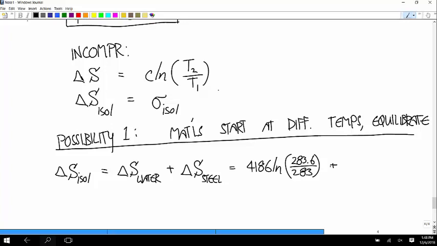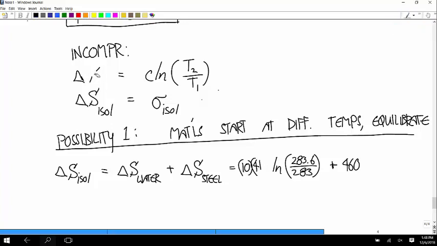Oh, and we need the mass still, because this would be specific. So 10 times 4186.